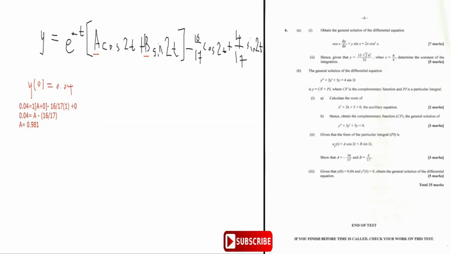Let me use black. So y double prime, I'm going to write it as y prime is equal to, when I'm differentiating this, I keep the first times the derivative of the second.